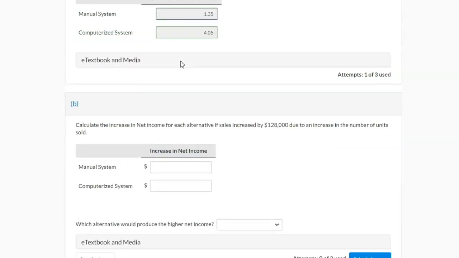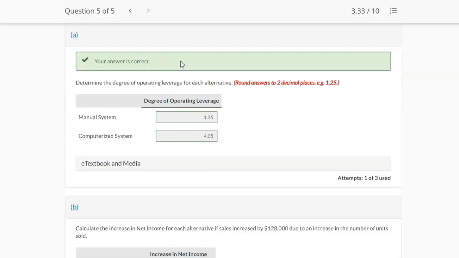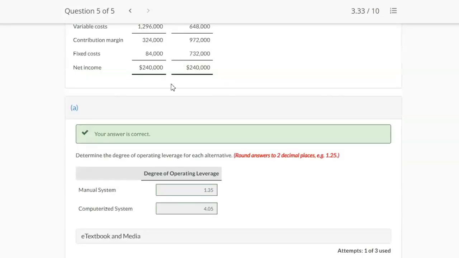I don't think so. 1.35 times 1.079, right? What do you get? No, it's not 1.079. It's 1.35 plus 0.079. So if you take 1.079, you get the new number. What's the new number?